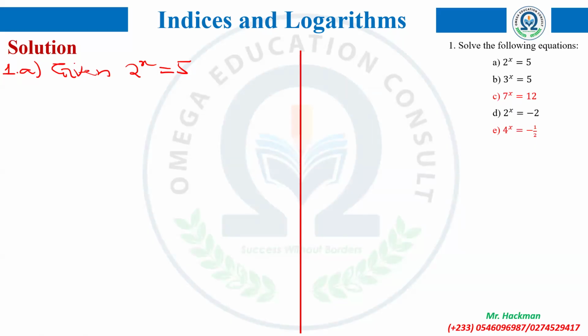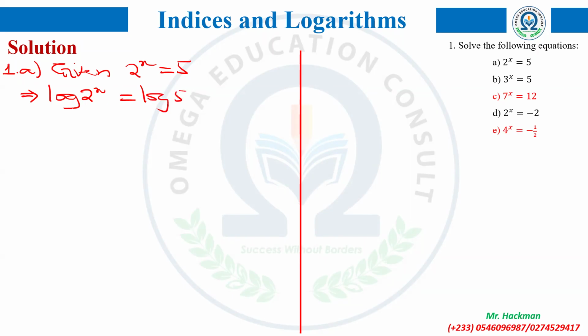So you take log of both sides, and don't write "taking log of both sides." In books, they will write that because indirectly the book is trying to direct you as to what to do. So here, just directly take log of both sides. I will take log, and usually you take the common log. So this implies that common log of 2 to the power x will be equal to common log of 5.